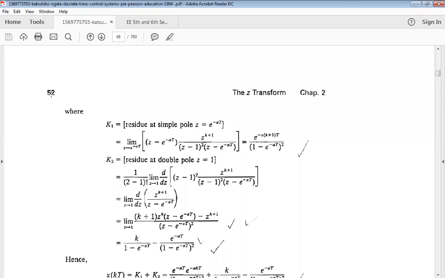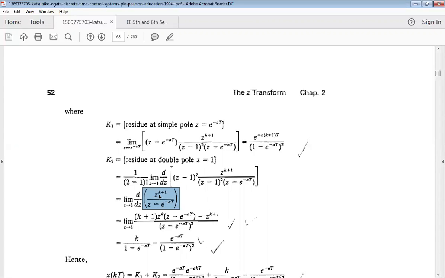So the (z-1) whole square terms cancel out each other, and first we have to find the derivative of the expression z^(k+1) divided by (z - e^(-aT)).